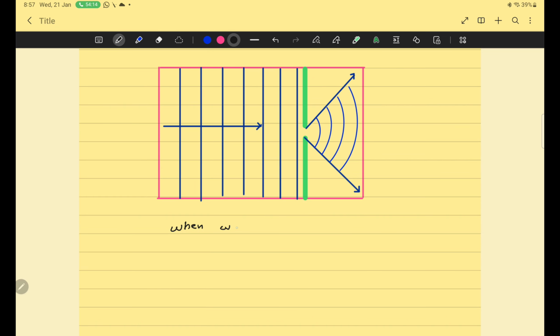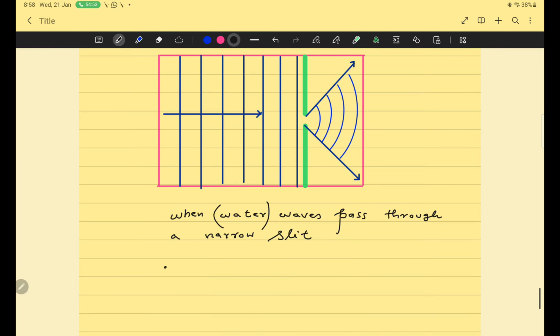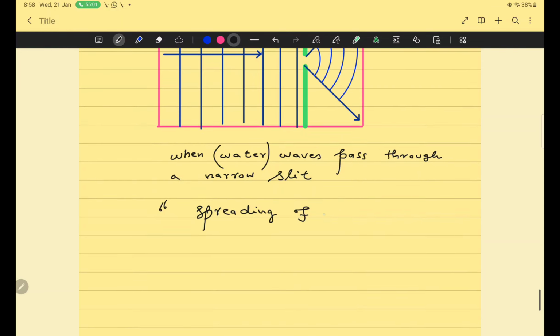When water waves or any kind of waves pass through a narrow slit, and it is not necessary to be water, diffraction occurs in all waves, sound waves and light waves, etc. So when water waves pass through a narrow slit, the spreading of water waves is called diffraction.